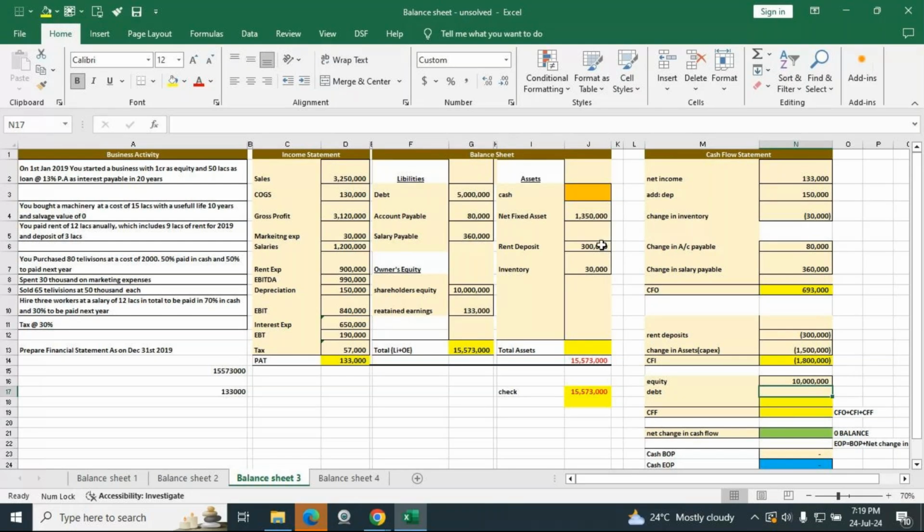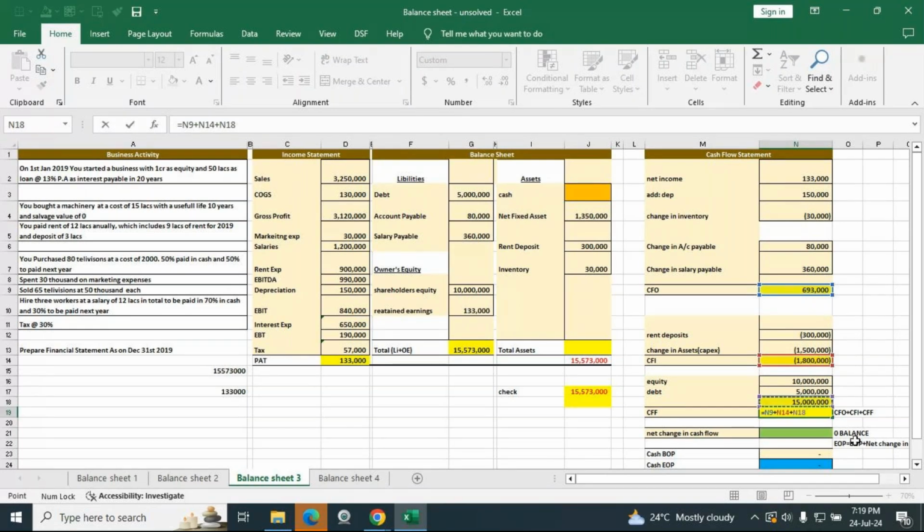Now the debt amount is 50 lakh, I'm taking the debt. So equals, I'm taking this amount. Then this one, alt equals. Now here I need to calculate everything. So equals CFO plus CFI plus CFF.